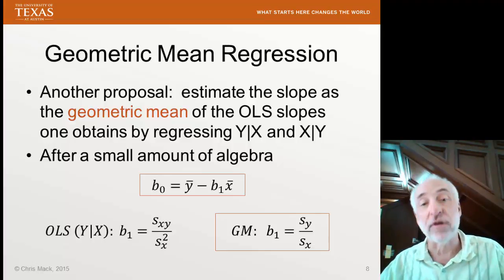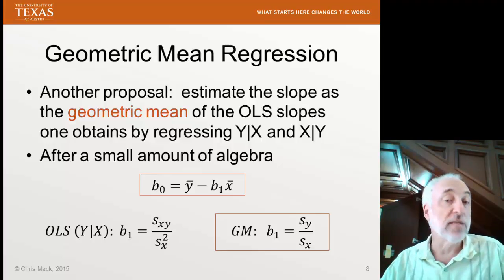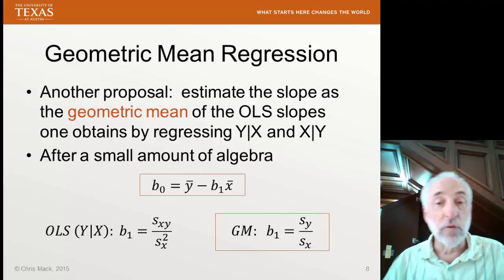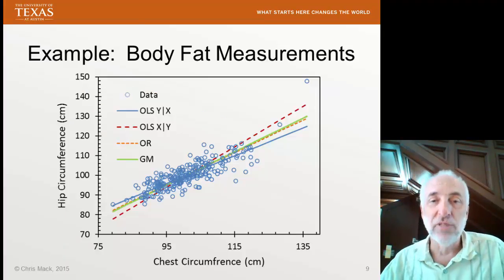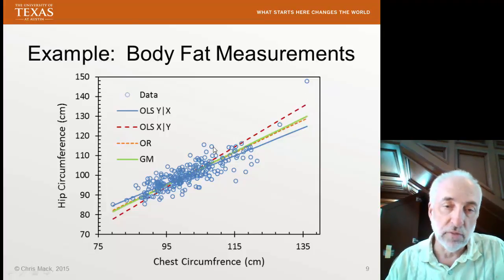I get covariance of x and y divided by the variance of x as my estimator for the slope. So we get a significantly different value, and sure enough, its value is somewhere in between the two extremes of assuming all the error is in x versus assuming all the error is in y. I get the in-between result.